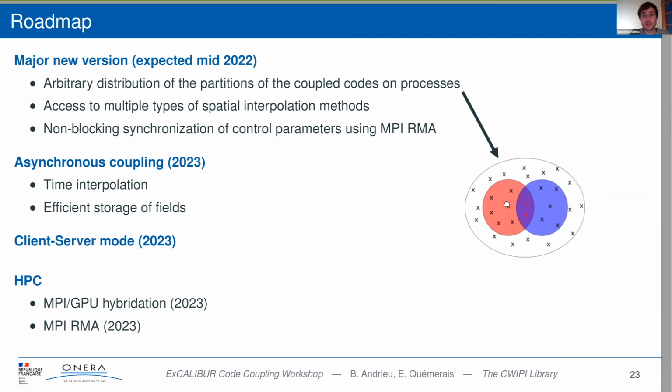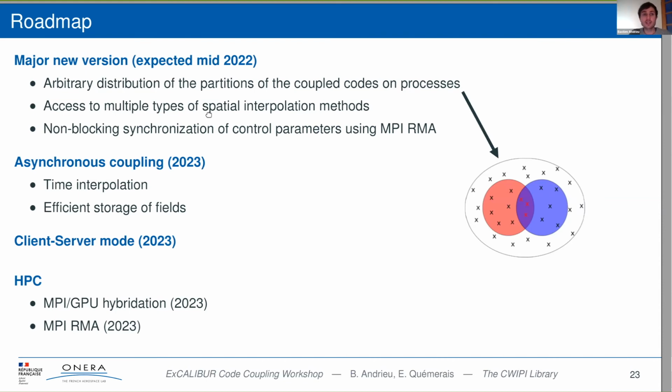So we can have processes running both applications, and that will not cause a problem in the future implementation. As I said, we also intend to add the new spatial interpolation methods: the improved localization algorithms, as well as the point cloud interpolation and the conservative interpolation method.